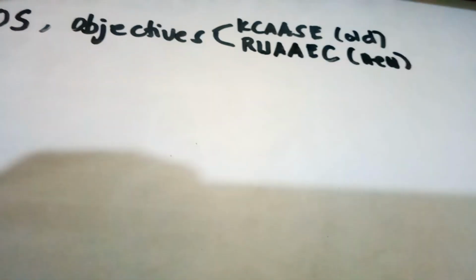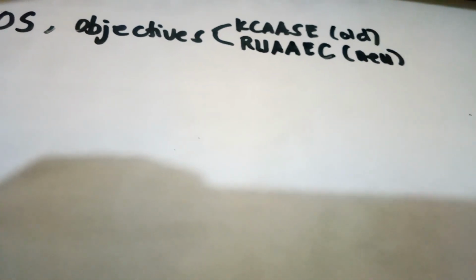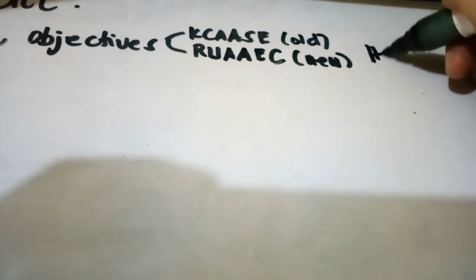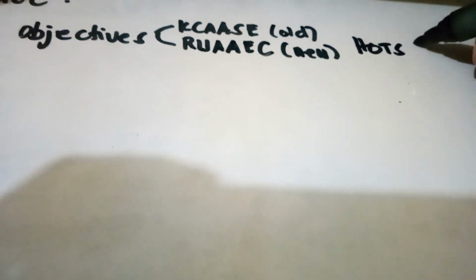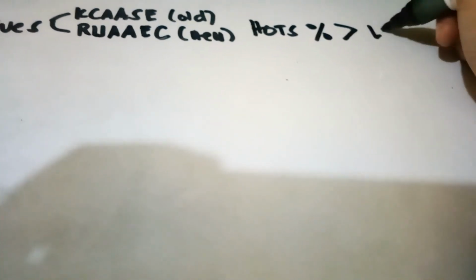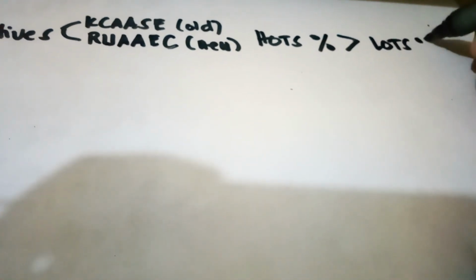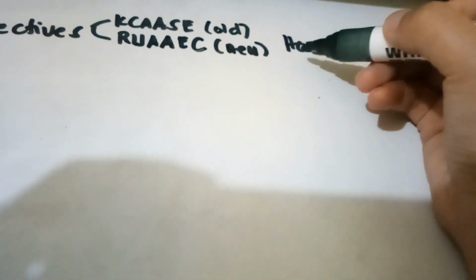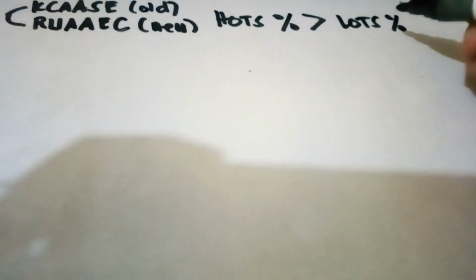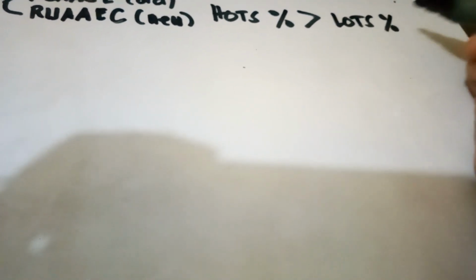Take note that under your objectives, dapat mas mataas ang percentage ng HOTS kesa sa percentage ng LOTS. Ano ba yung HOTS and LOTS? We have higher order thinking skills, and lower order thinking skills.